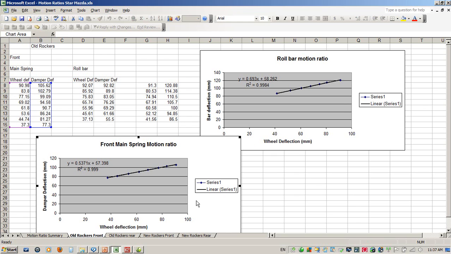Now, the beauty about this is, and this is a little technique that's gold, that you can do this on the fly. So if you make a mistake, it's going to show up really, really quickly. As you can see here, the motion ratios are actually very, very linear.